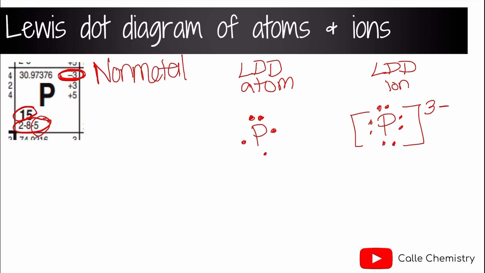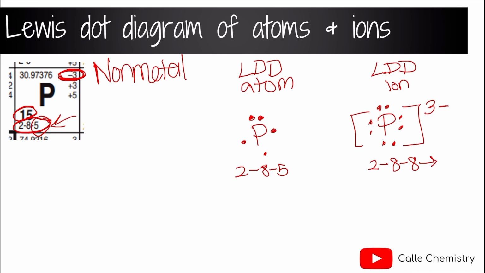Now the electron configuration for phosphorus atom, we get it from the electron configuration that is shown on the periodic table. It's 2, 8, 5. Now over here, it is no longer that. It is now 2, 8, 8. Now, this electron configuration is similar to one of the noble gases.